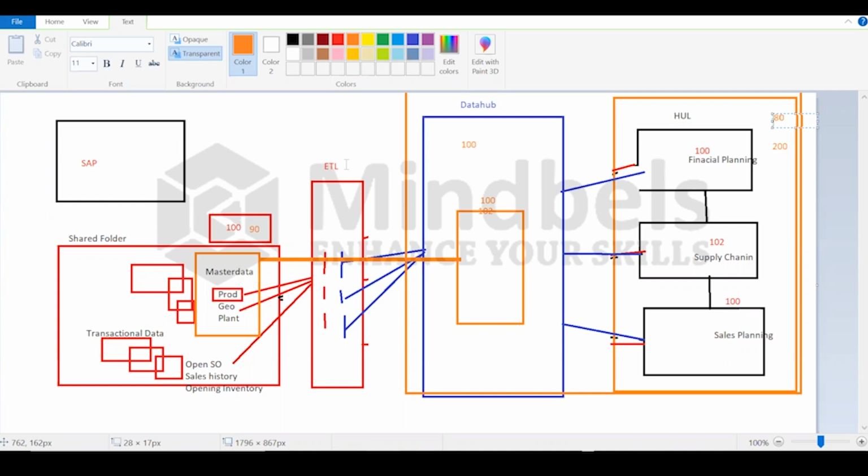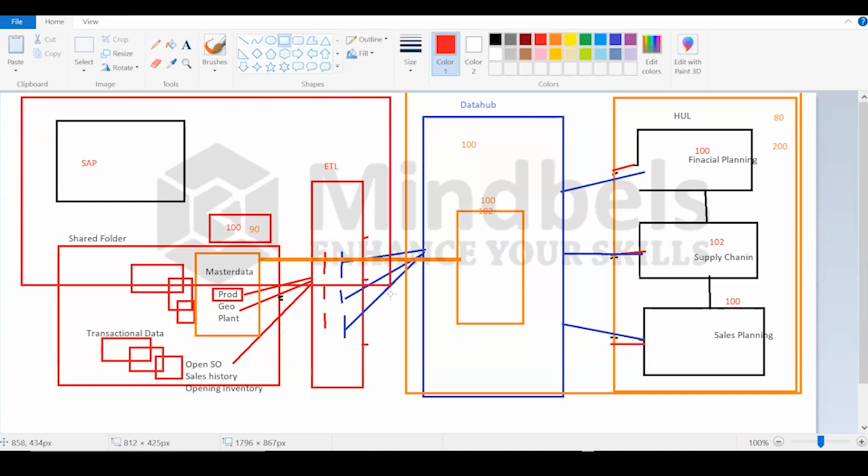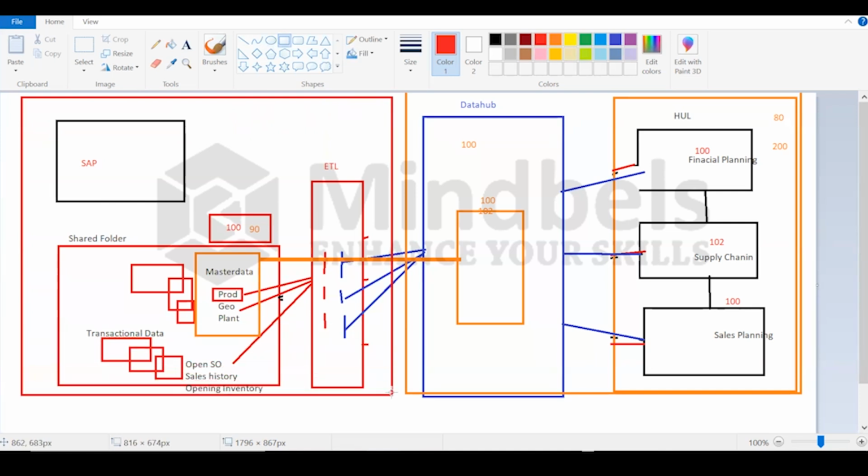That depends. But if I tell you in a very simple manner, once we get the data into our data hub, our job starts. To provide the data into our data hub, the job is for the HCL people. Okay, the Anaplan connection and converting the data into CSV, is it performed by the same people?